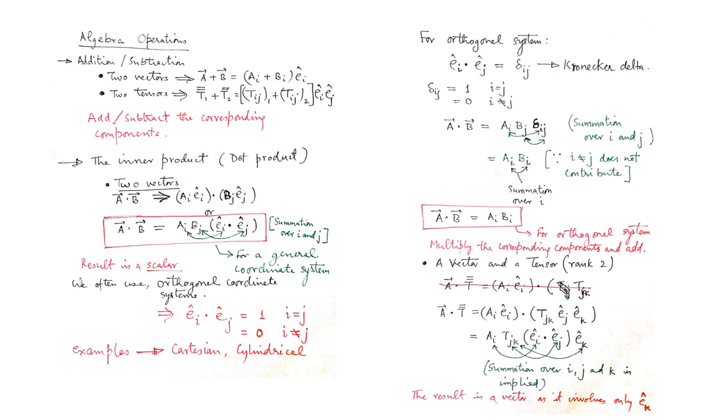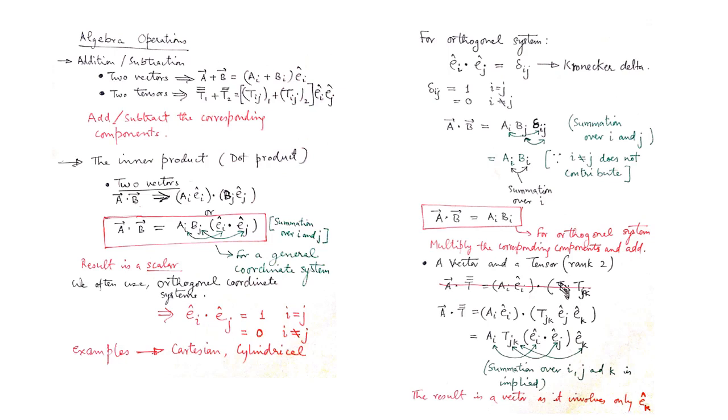Now you will notice that in this expression I am explicitly showing the repeating indices, because it's important to track them so that we can open out this expression correctly, as we need to know which indices are involved in the summation. So i is repeating, j is repeating, and k is also repeating. It means I have to sum over three indices, i, j, and k, and this summation is implied. We are not explicitly writing it.